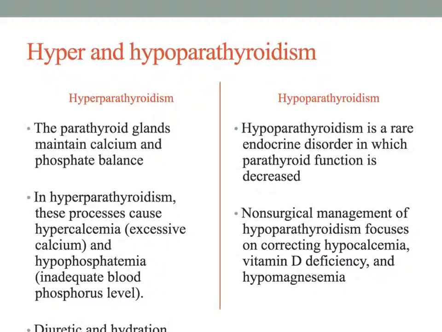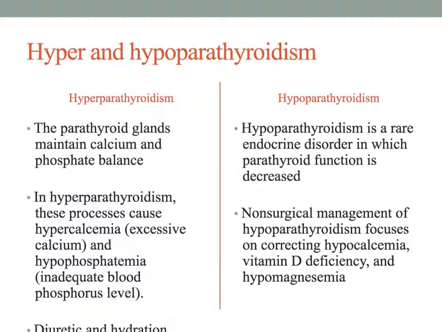Hyperparathyroidism usually occurs in adults between 30 and 70 years of age. It occurs twice as often in women. The clinical manifestation is hypercalcemia. The parathyroid hormone is associated with your calcium levels. This occurs as calcium leaves the bone and accumulates in the bloodstream.